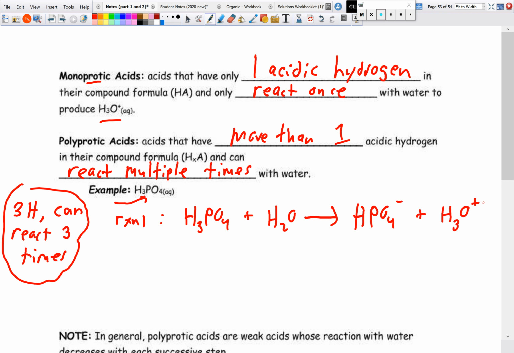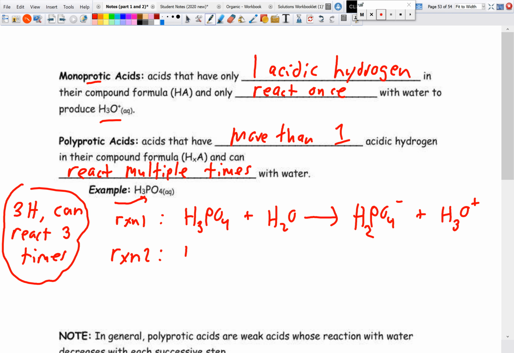So that's using the modified Arrhenius theory. Now, it should be H2. I have a single arrow here showing that this reaction goes to completion. If this reaction goes to completion, that means all of the H3PO4 is used up, and we're left with just H2PO4 minus and H3O plus.